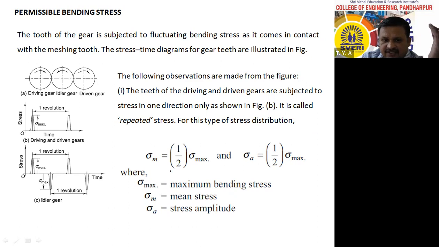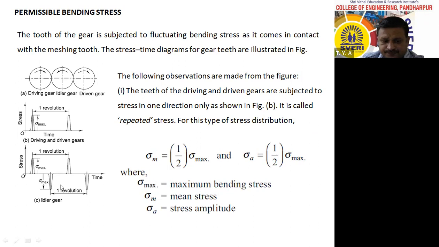Therefore, sigma mean, or mean stress, is sigma max divided by 2, and sigma A, the stress amplitude, is also sigma max divided by 2, where sigma max is the maximum bending stress, sigma m is the mean stress, and sigma A is the stress amplitude.